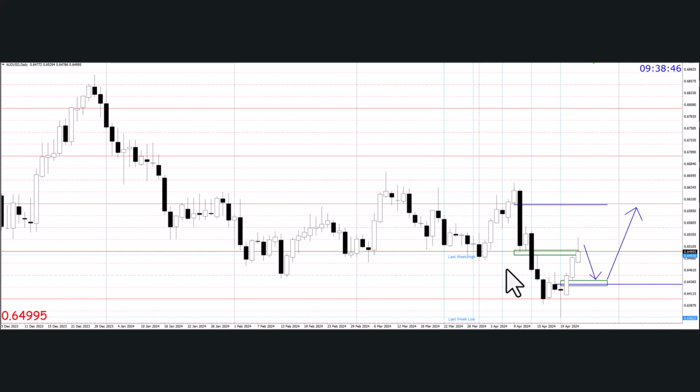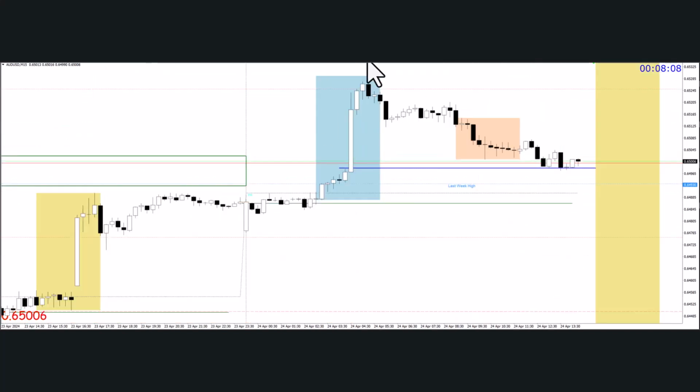Okay, so I want you to understand two things here. Number one, why I was confident in taking such a large position on my short trade on the Aussie today. I want to explain that because the daily chart showed a key resistance level that I have tested and proven for myself works, which allowed me to short at that level.